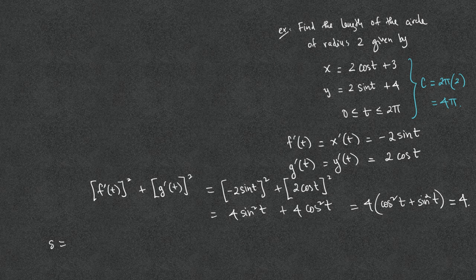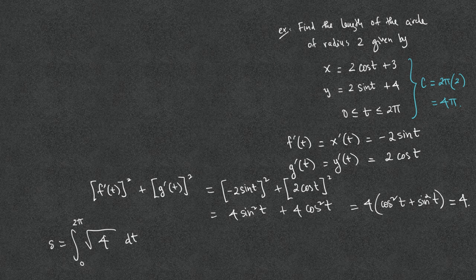The arc length is the integral from alpha to beta of the square root of f prime of t squared plus g prime of t squared, but we found that it was 4, dt. The angle goes from 0 to 2 pi, or t goes from 0 to 2 pi in the parametric equations.